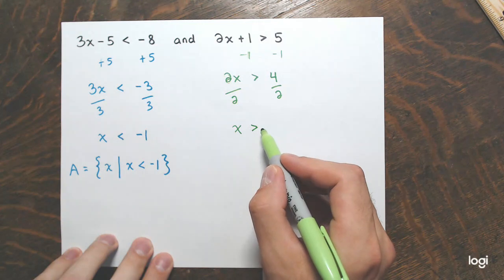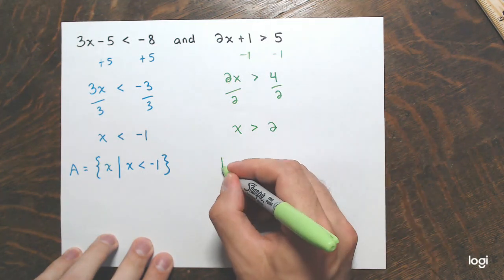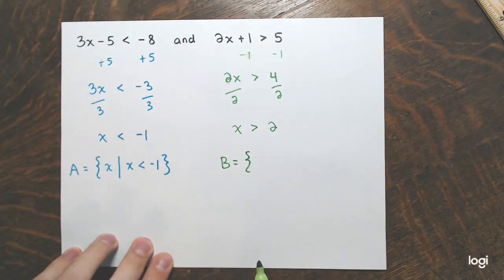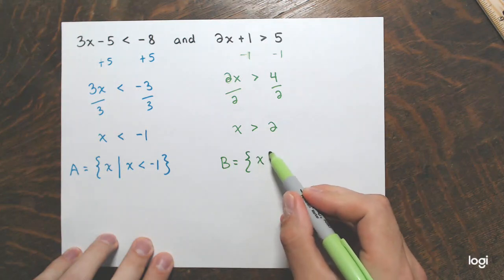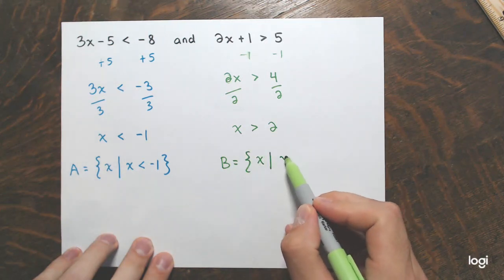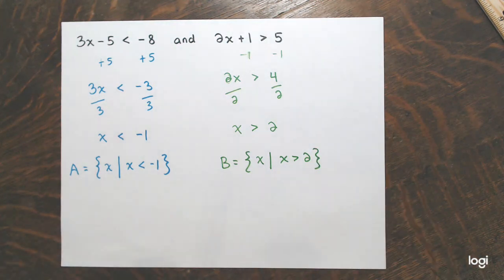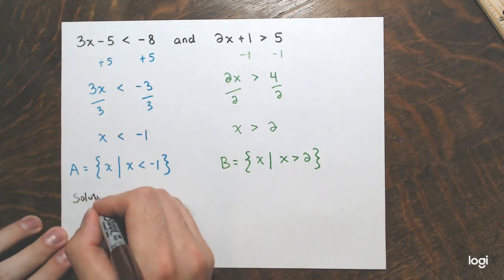So x is greater than 4 divided by 2, which is positive 2. Set B is the set of all the solutions of the second inequality, all the values x such that x is greater than 2. All the numbers greater than 2 are the solutions of that second inequality. All right, so then part 2, the solutions of our compound inequality.